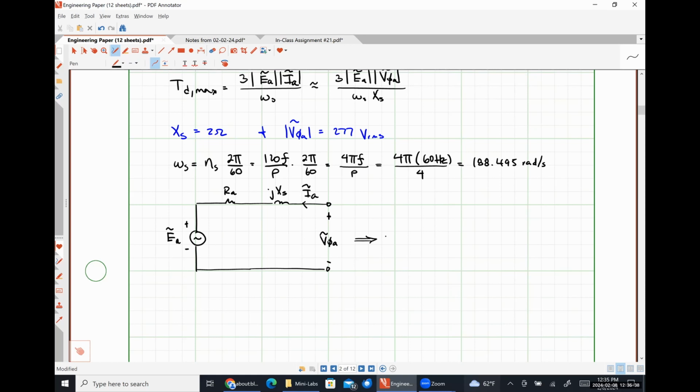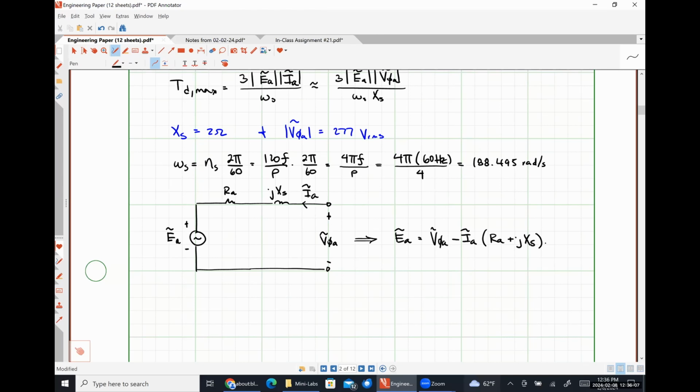From this equivalent circuit, we can see that E_A is going to be V_phi_A minus I_A times R_A plus jX_S. Well, R_A was given to us in the problem statement.